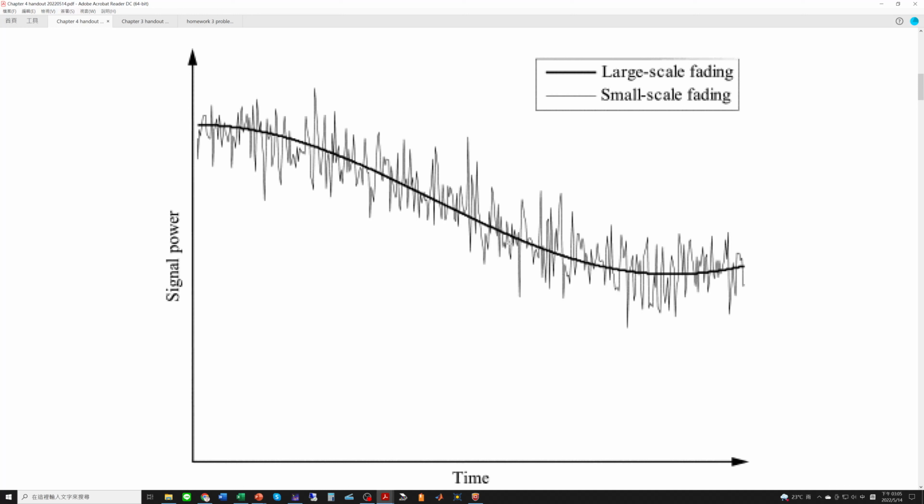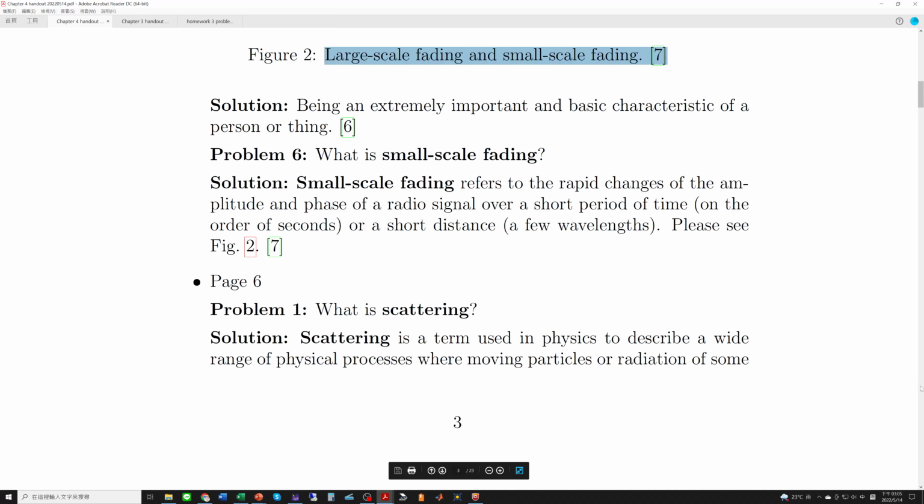You can see that the signal power of the large scale fading varies slowly with time. And the gray or thin line is the small scale fading. You can see that the signal power of the small scale fading fluctuates rapidly with time.